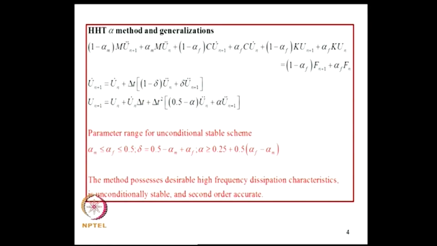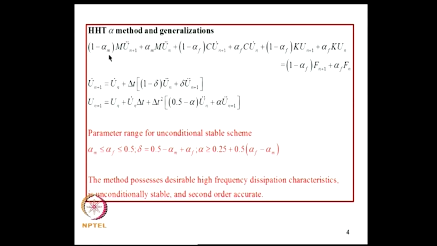The HHT alpha method and generalizations overcome one weakness of Newmark's method, that to possess high frequency numerical dissipation, the method would become only order delta t accurate. So, what this HHT alpha method does is it introduces additional algorithmic parameters.